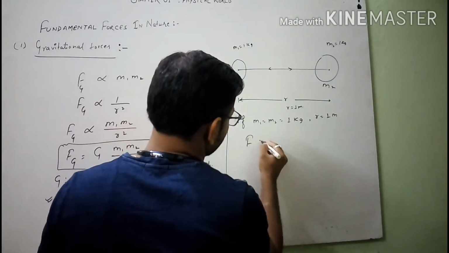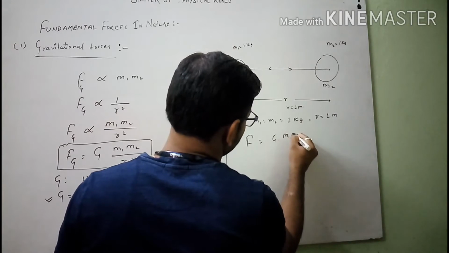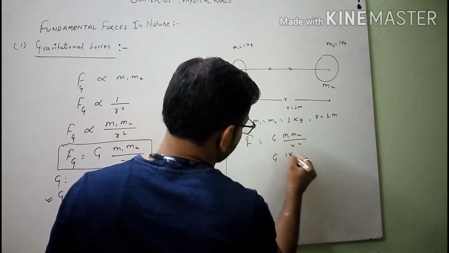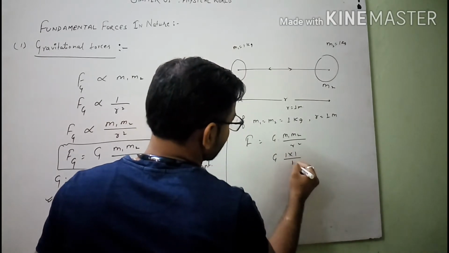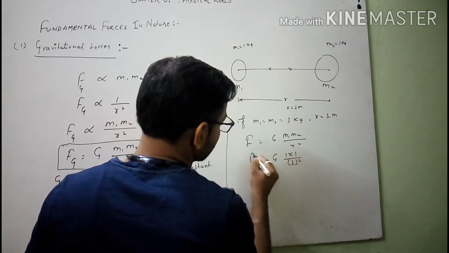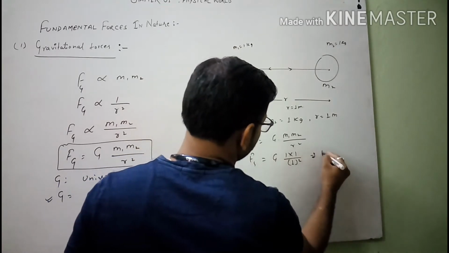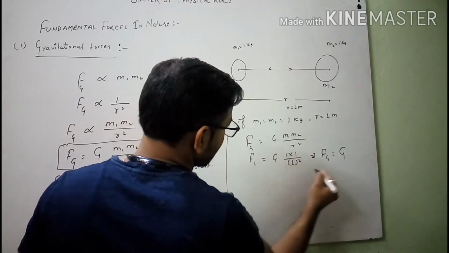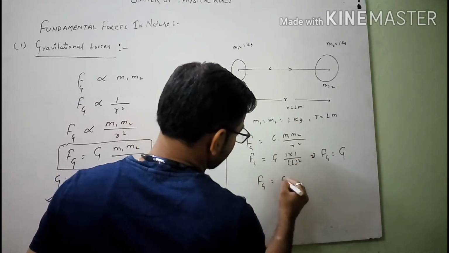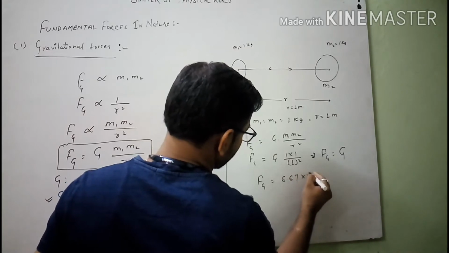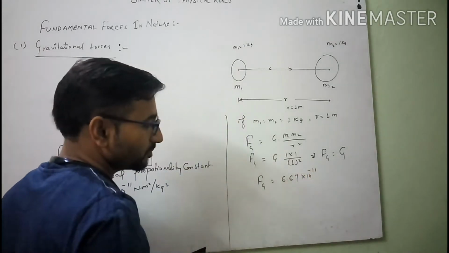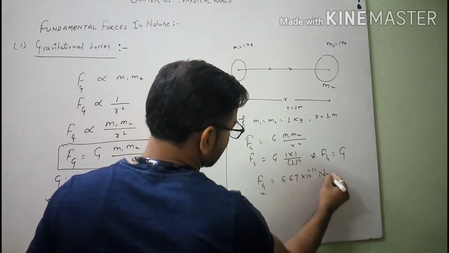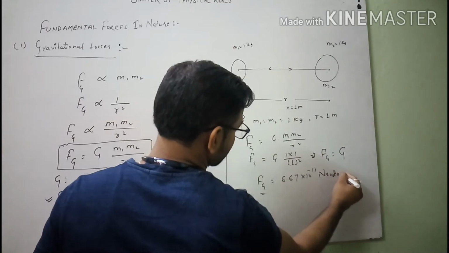By the formula, F = G m1 m2 / r². G remains as it is, m1 m2 over 1. By solving this, we get Fg equal to capital G, because all the other values equal 1. You know the value of capital G, which is 6.67 × 10^-11 in numeric form, and the unit for this is Newton, because here we are calculating the force.